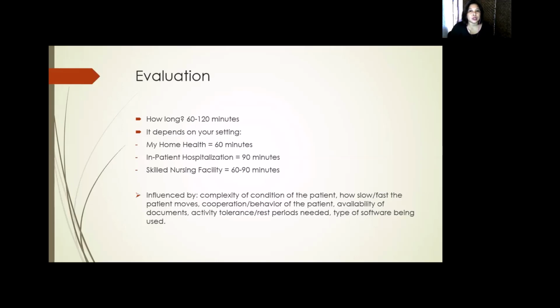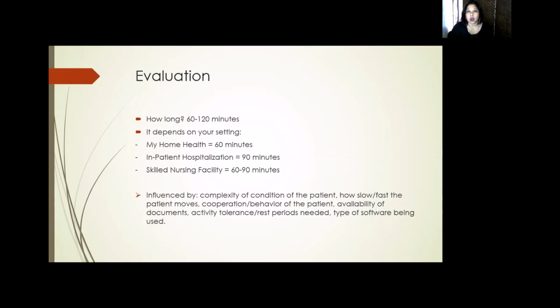The cooperation or behavior of the patient. Some patients, when they hear the word therapy, they will cuss out on you. They don't want to participate. Some of them really want to go home, so they say, oh, okay, you're the one I need. They recognize that therapy will help them go home, so they will be more cooperative.